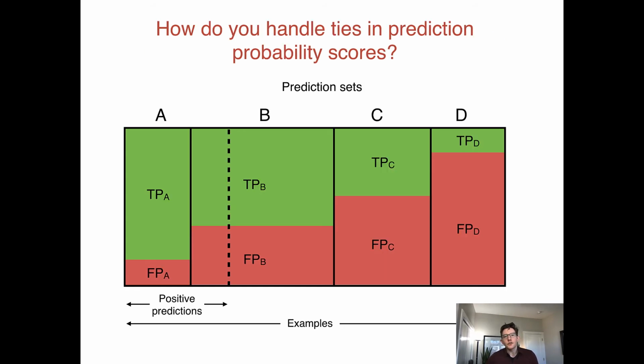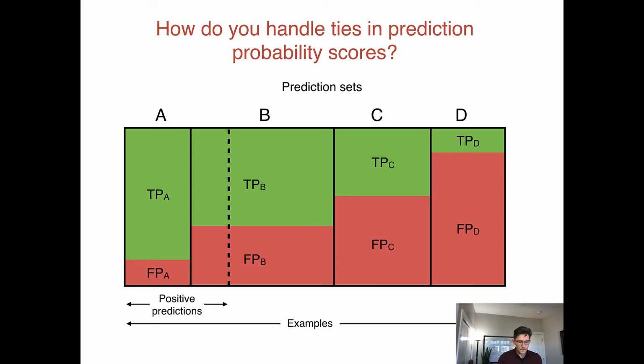Let's look at another wrinkle that comes up often in classification problems. This is kind of my roundup of all the common mistakes that are made in making decisions using machine learning and evaluating machine learning. So this pitfall comes up in the case where there are ties in our prediction probabilities.